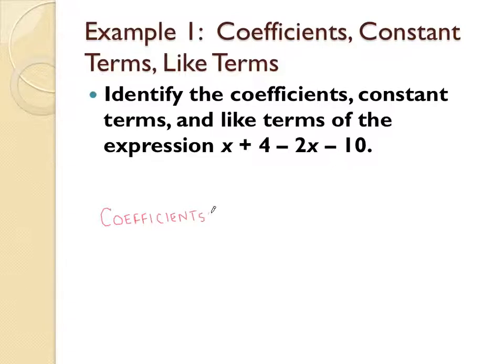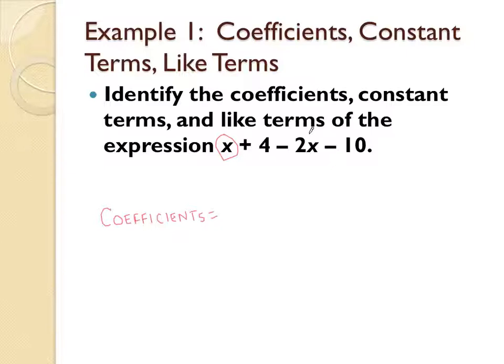All right, and if we recall from the vocabulary terms, a coefficient is the number that is in front of the variable. Okay, it's the number part of the variable term. So I'm looking for my variable terms. All right, well, here is a variable term, and I'll use a circle to identify it. Here is also a variable term. They both have the same variable, so they are like terms, so I'm going to go ahead and circle that as well.